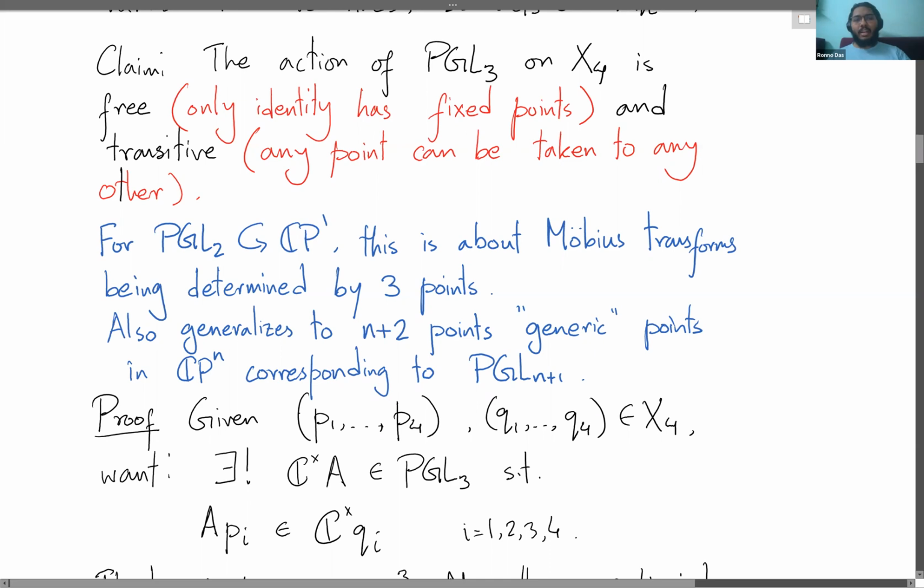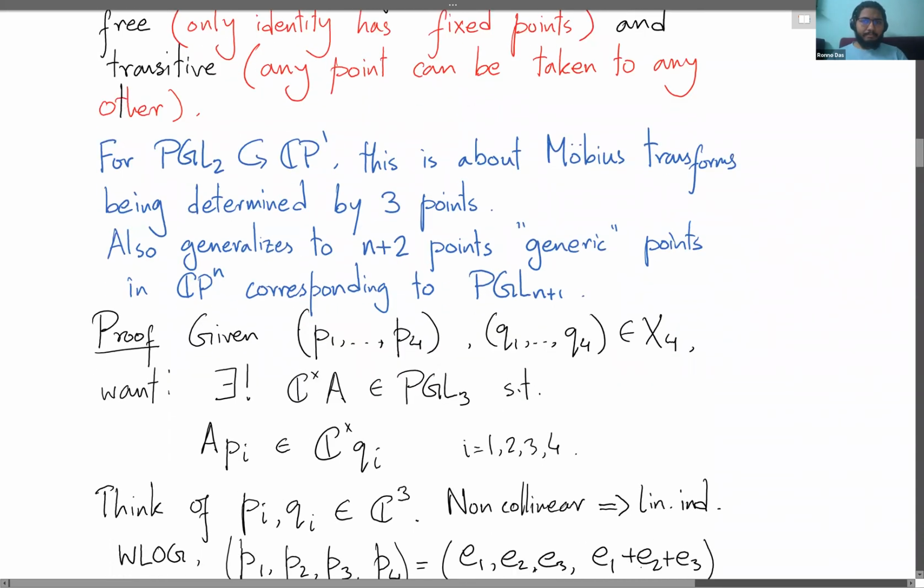This is exactly the analog of that, one dimension higher. Just like you needed the 3 points to be distinct there, in the plane case you need no 3 to lie on a line. This also generalizes, by the same proof I'm going to give below, to the action of PGL n plus 1 on CP n and a choice of n plus 2 points.